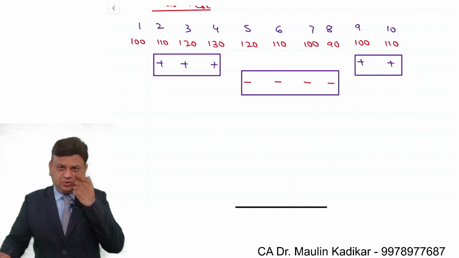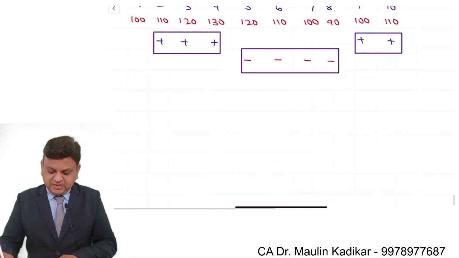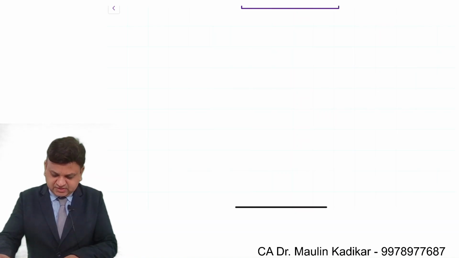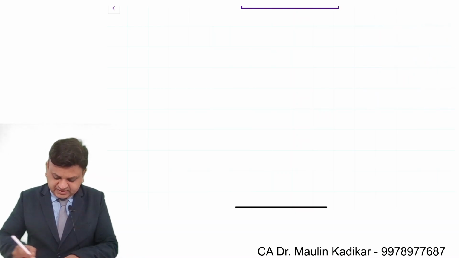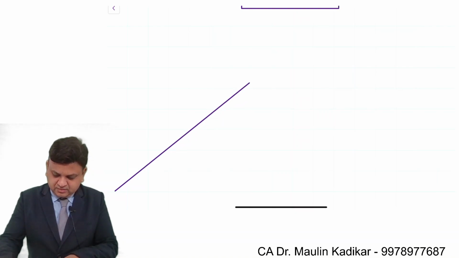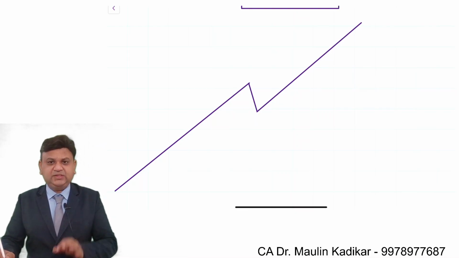I am asking a question to all of you. I request you to answer in the chat box. Suppose you have observed that things are going like this. The prices are increasing, then for some time decreasing, then again increasing.